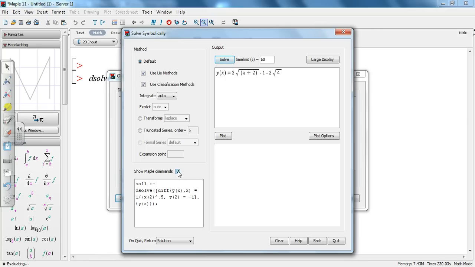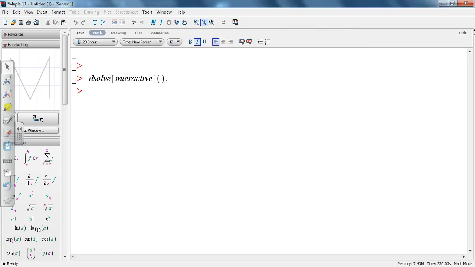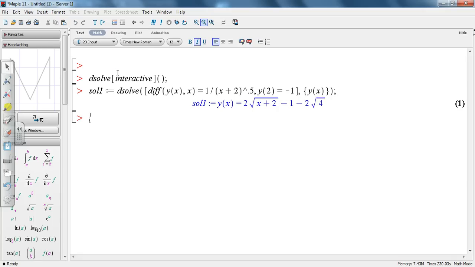If we're going to show the Maple commands, then we'll copy and paste them into Maple. And so why would that be? Now, unless I went and, yeah, that's probably what it's supposed to be.